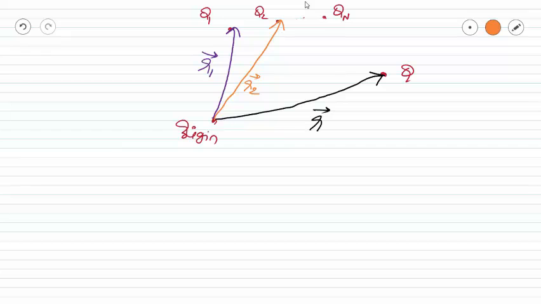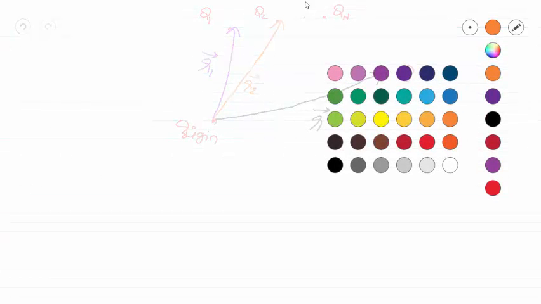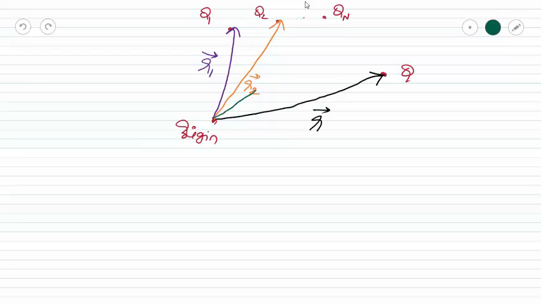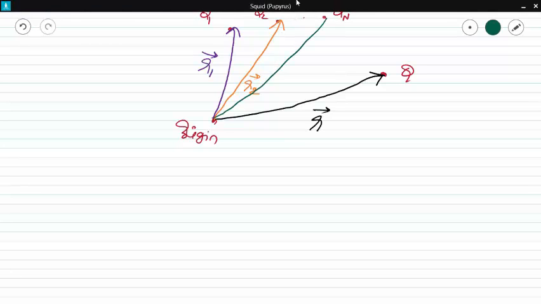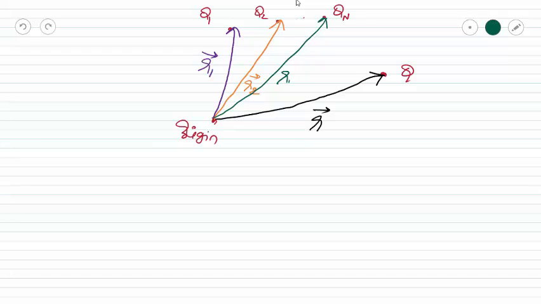In a similar way, we can draw the position vector for qn also, which is rn bar. Okay, right? So we have taken a charge q located at some point with position vector r bar, and n number of charges q1, q2 and so on up to qn, and r1 bar is the position vector of q1, r2 bar is the position vector of q2, and so on, rn bar is the position vector of qn.